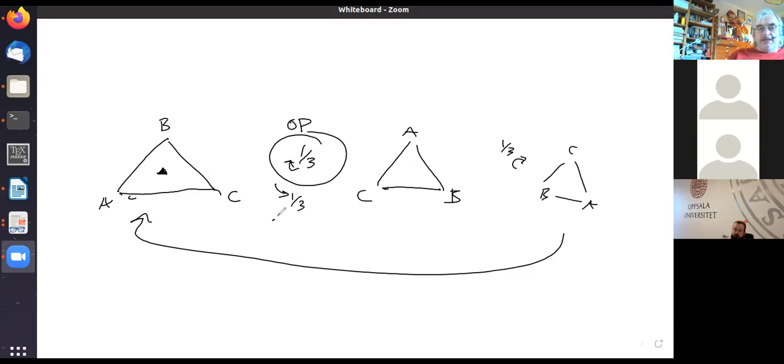Yeah, but that's equal to 2 times 1/3 in that direction. So that's nothing strange. Is this a group? It's closed, definitely. You can't obtain any other configuration of a triangle by rotating it a third turn, at least in 2D space.